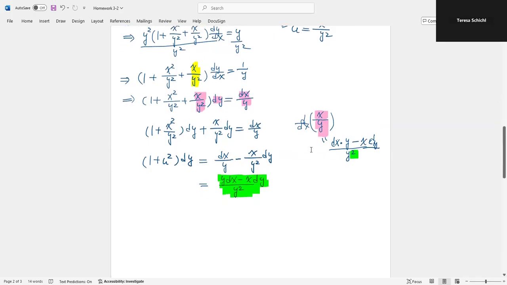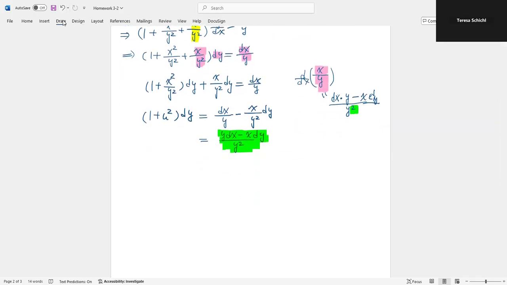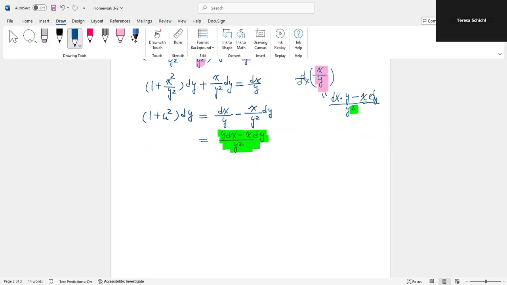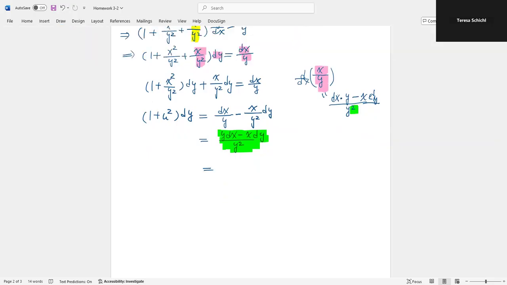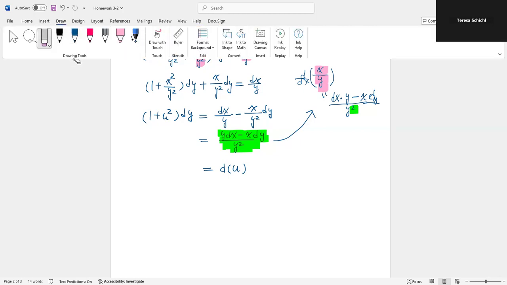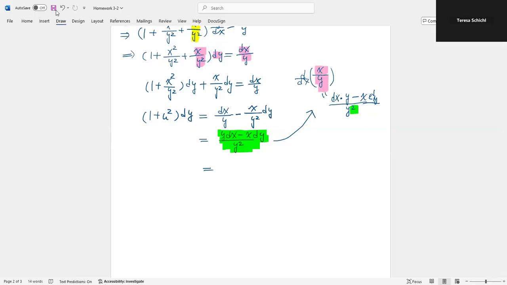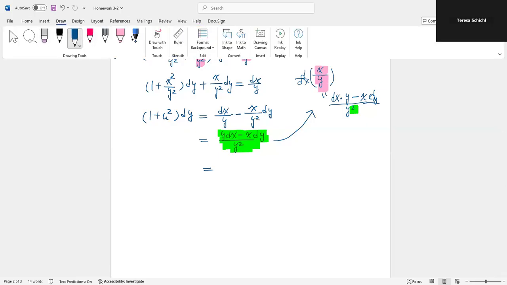So basically, this side I have is the derivative of u, right? Because this one is really the derivative of x over y, but x over y is u, so what I have is the derivative of u. So that is how I get du.